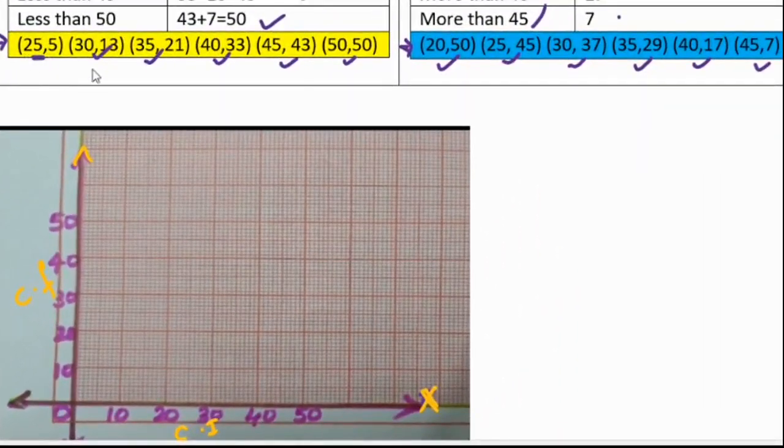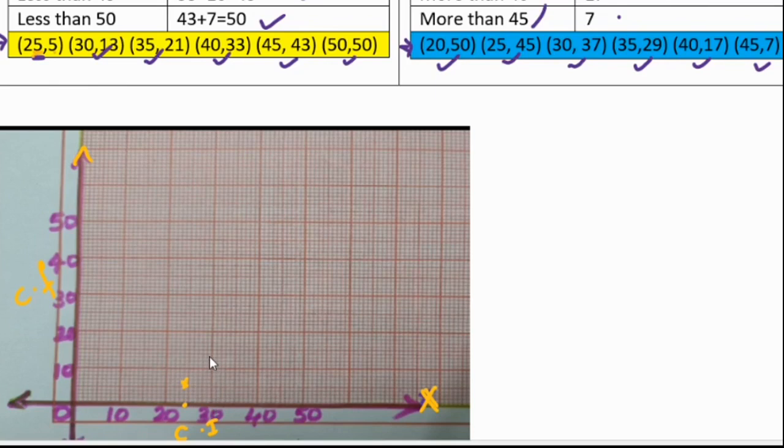First let's draw the less than Ogive curve. 25, 5: denote 25 on the x axis and 5 on the y axis. So 25 on the x axis here, 5 on the y axis, and we plot the intersection of 25 and 5. So 30, 13: 30 on the x axis, 13 on the y axis.